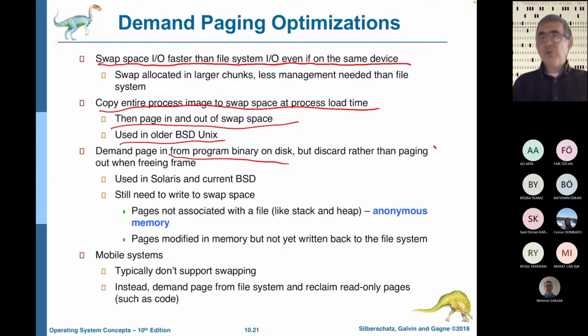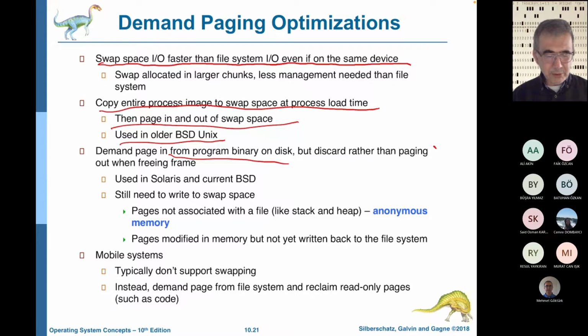Otherwise, that is a usual program start reading from, because there is an executable file in the hard drive. So use that executable file for the first time. That is what Solaris and BSD are currently doing.